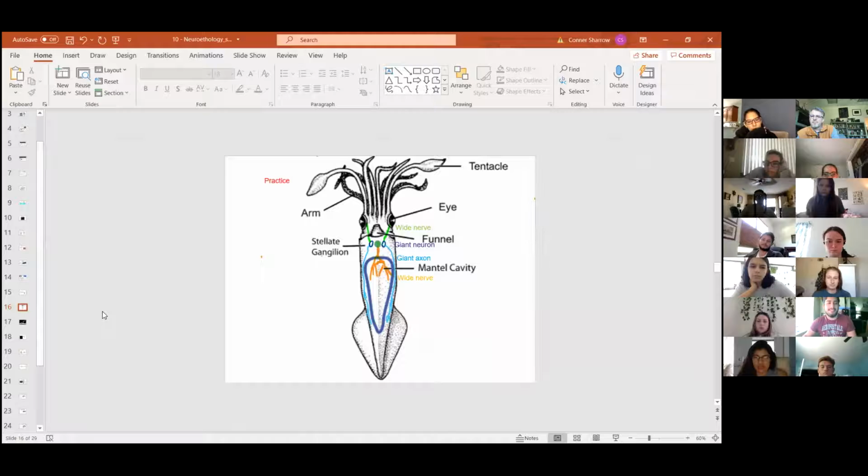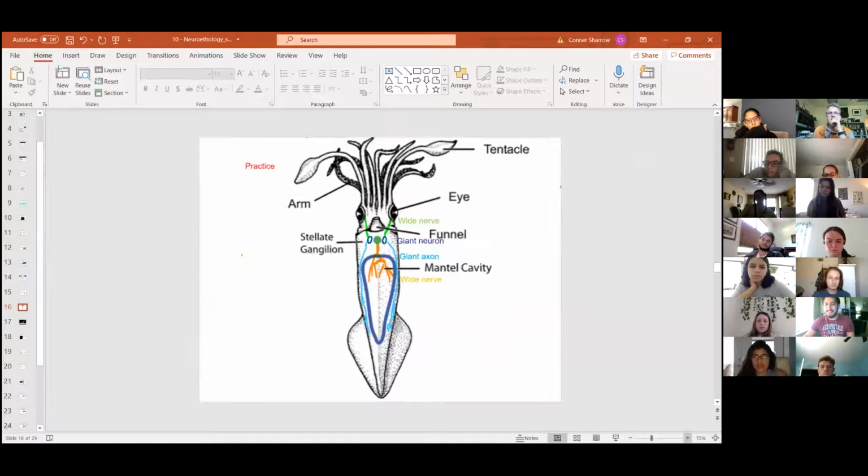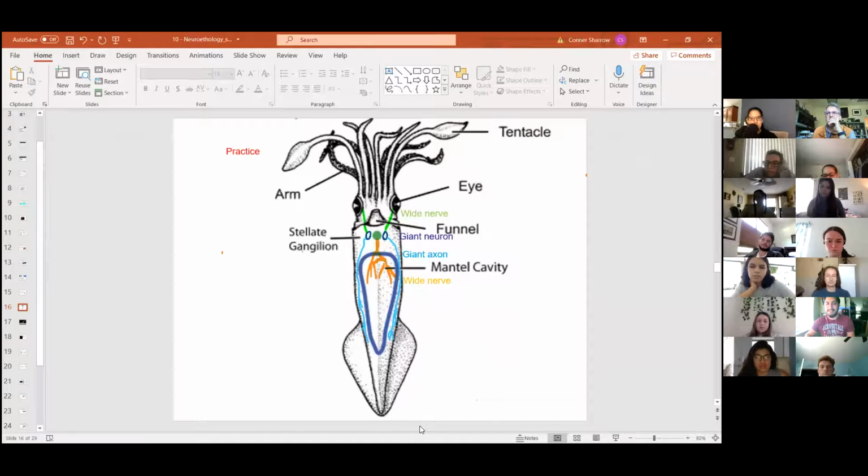All right. So our group was slightly different. The question is how to coordinate the closure of the mantle cavity to expel the water. I'm pretty much thinking it has the connection from the stellate ganglion to the mantle cavity through wide nerves, so this is a fast action potential.